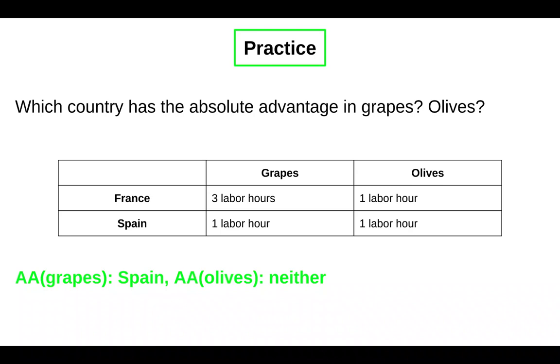With an input problem, you want the lower number because that means you're using fewer resources. So in this case, Spain uses a third of the same amount of labor hours that France does. Now, with olives, they use the exact same amount of time. And so, therefore, neither of them has the absolute advantage. You have to do it better than the other country or trader in order to have the absolute advantage.